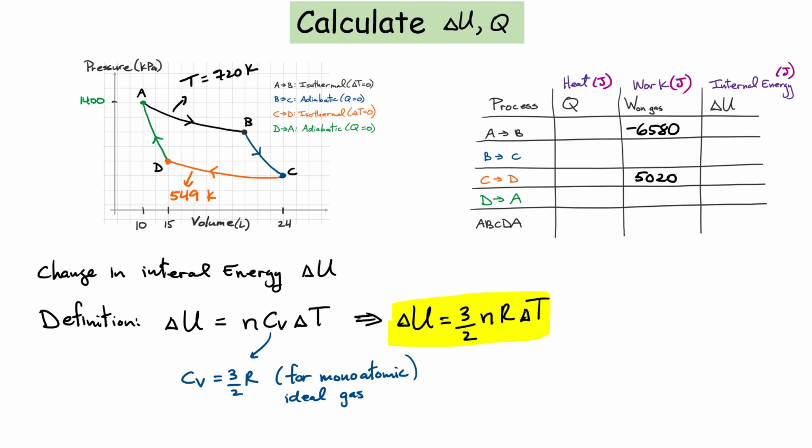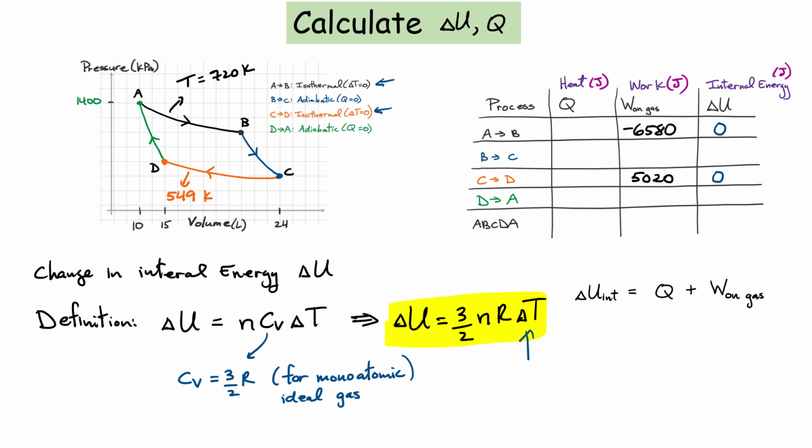One thing to notice is it depends on the change in temperature. However, we do have two processes here, right? Processes A to B and C to D are isothermal. That means there is no change in temperature for both of these. So there can't be a change in internal energy for both of those cases.